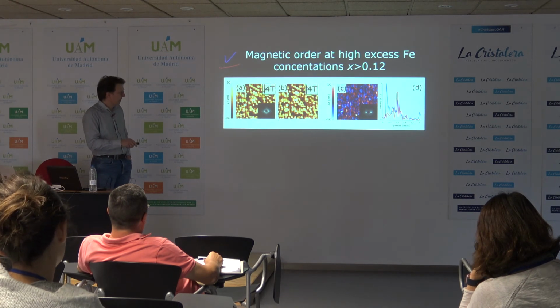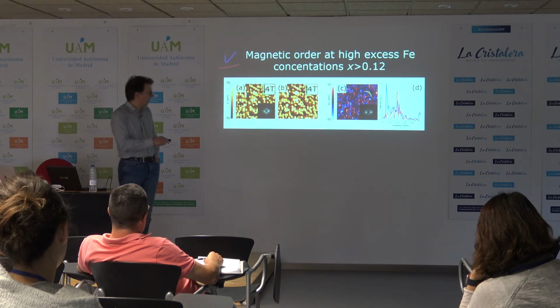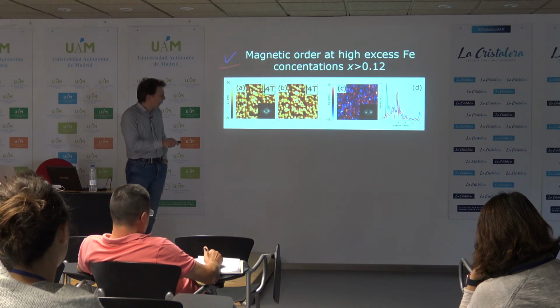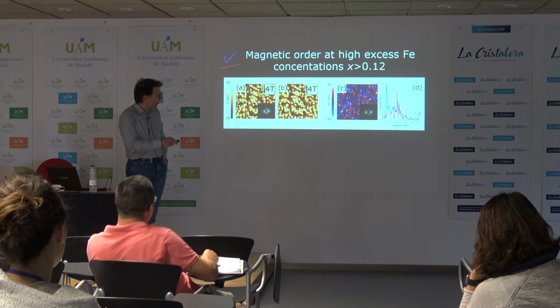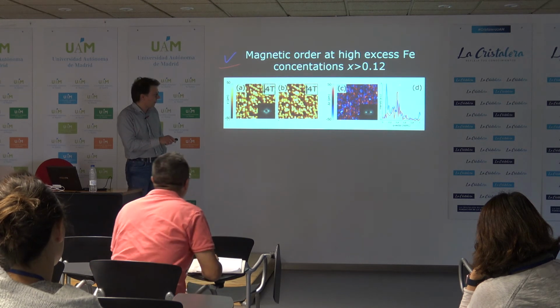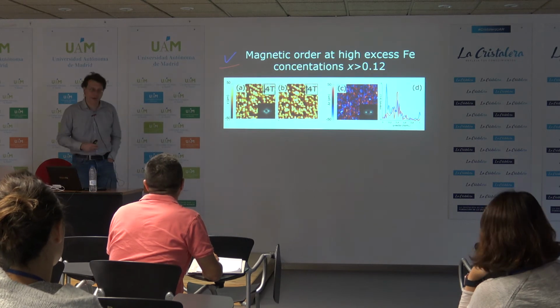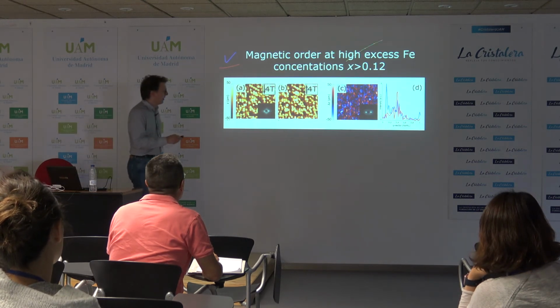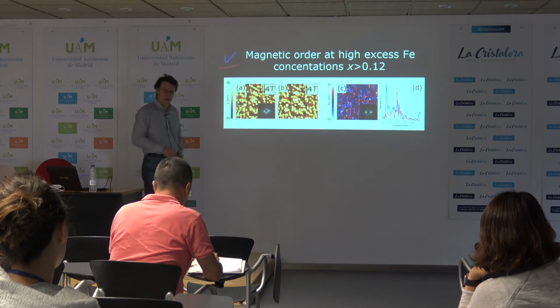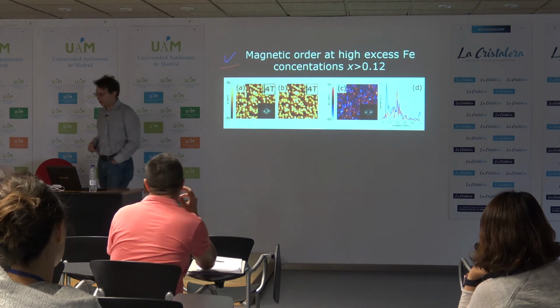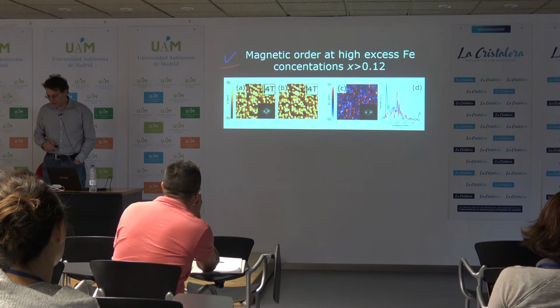And what we see in the difference image is the magnetic order. What we also see is that now the maximum of the Fourier transform is no longer at a commensurate wave vector, but has moved to an incommensurate wave vector. So we see at high excess iron concentration, consistent with neutron scattering, that the magnetic order becomes incommensurate.